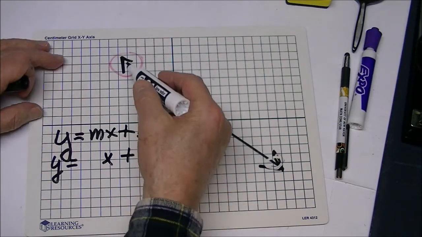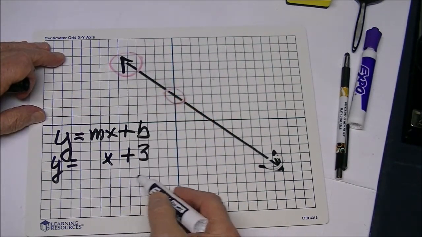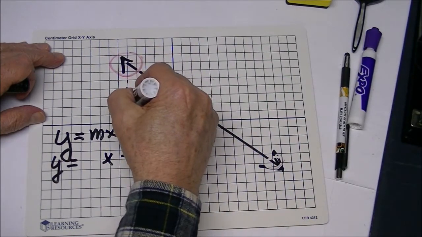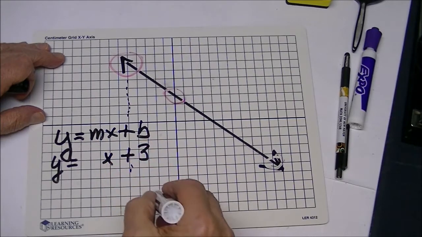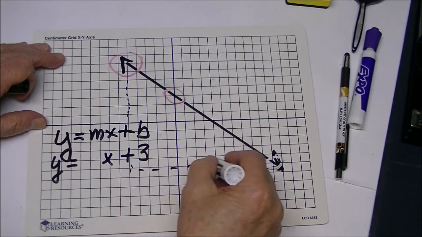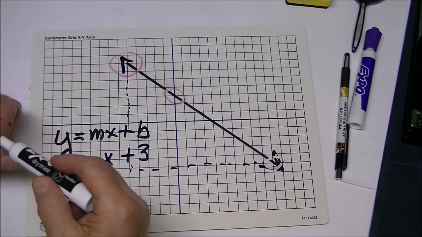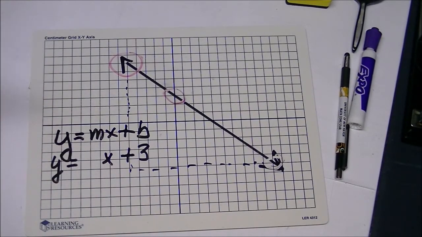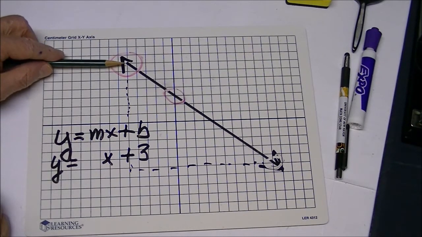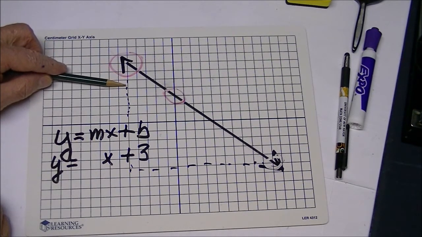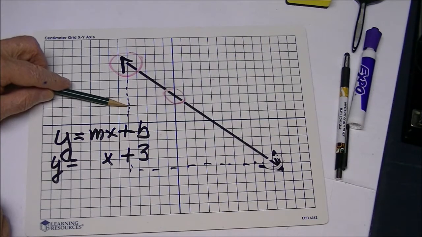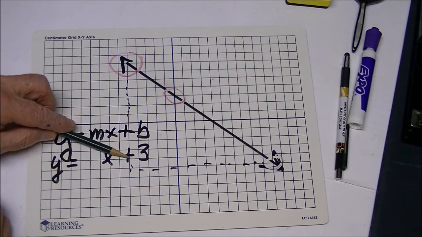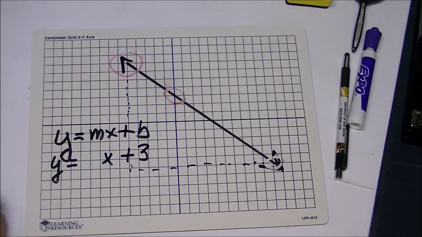I said we could count units to make a little right triangle. So if we go down like so, and then over this way, let's count them together. Starting at this box, there's 1, 2, 3, 4, 5, 6, 7, 8, 9, 10, 11, 12.